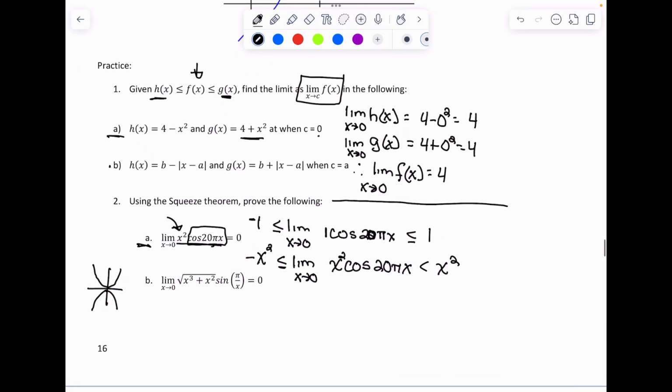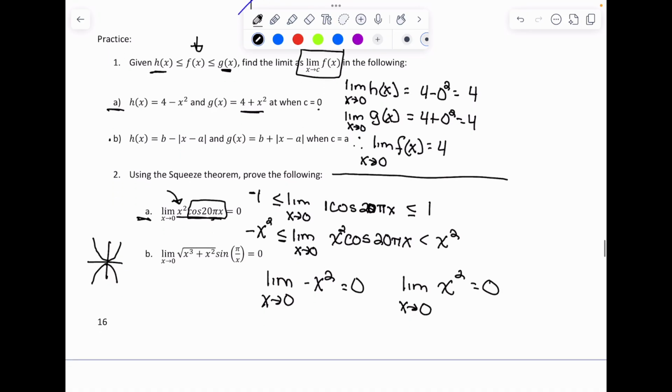So to find this limit, I can say the limit as x approaches 0 of negative x squared is 0. And the limit as x approaches 0 of x squared is 0.